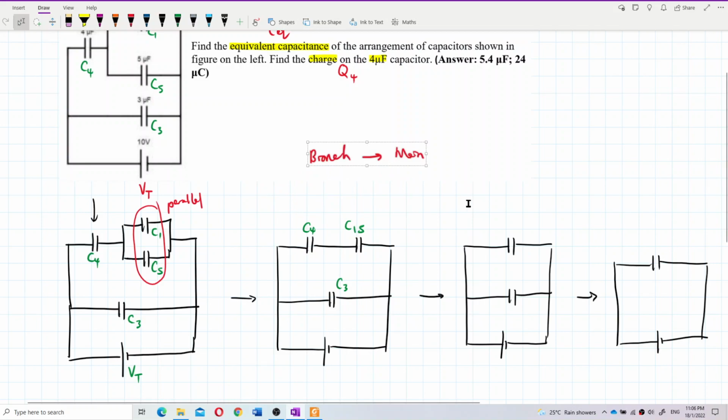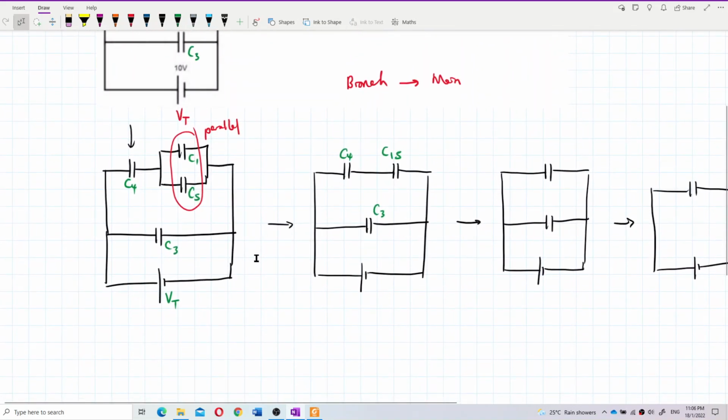So let us do this part first. How to combine this parallel.